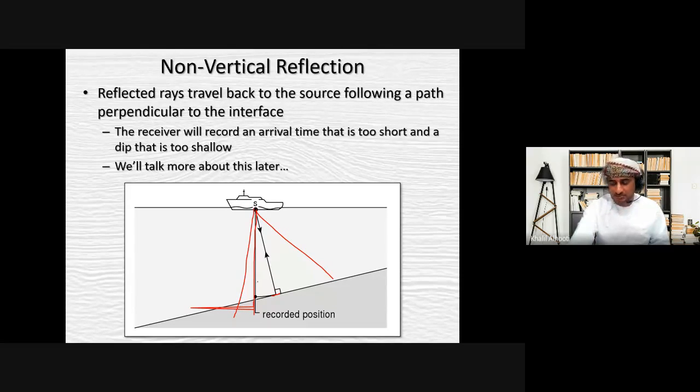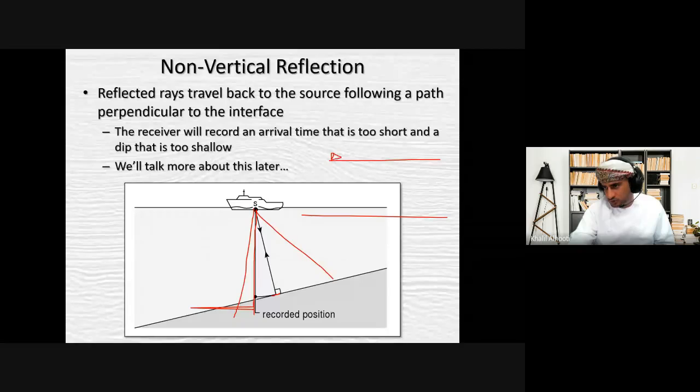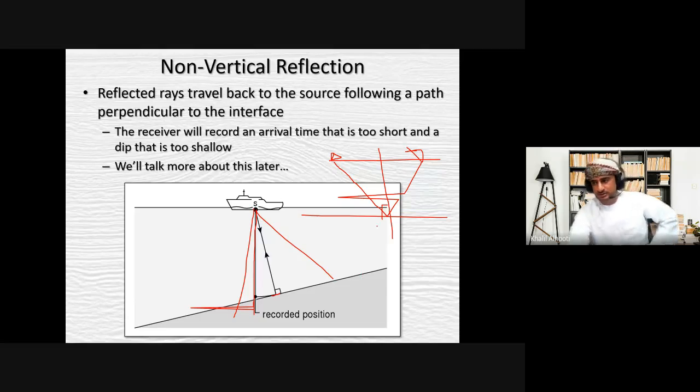But since I'm not sure if there is a dip or not, my assumption is that the reflection always comes from the midpoint. This is source and this is receiver, or the opposite. Ignore this spike. That's the midpoint because this line is perpendicular to the interface.